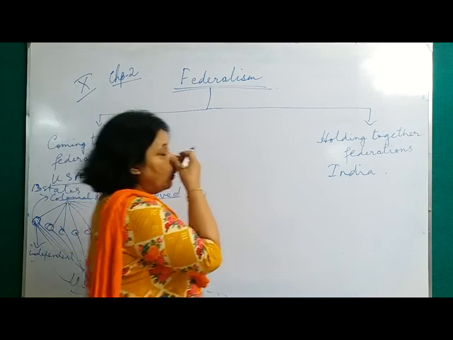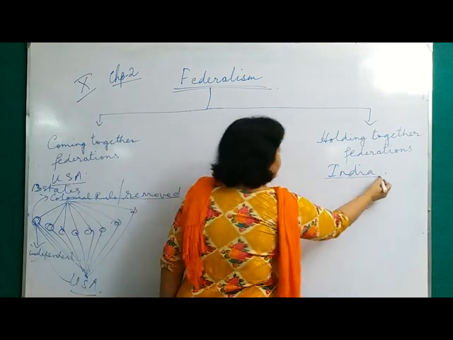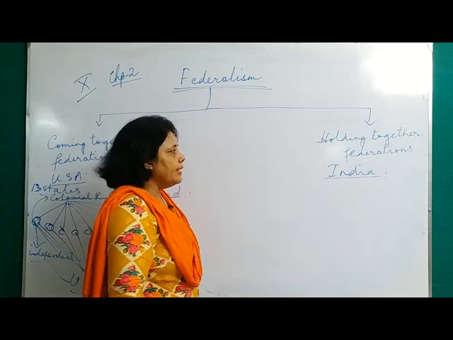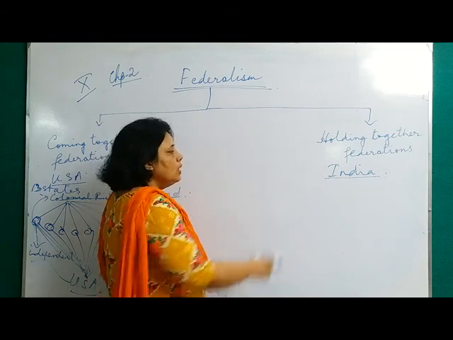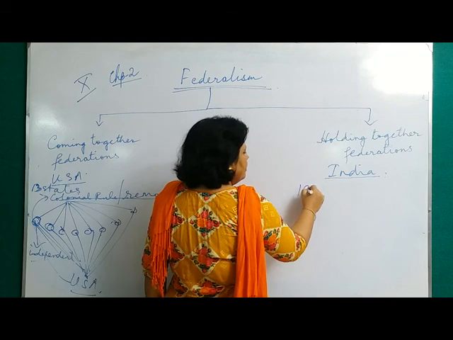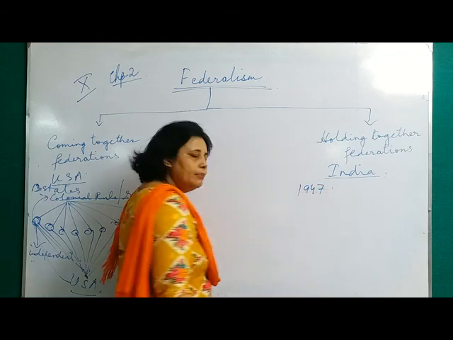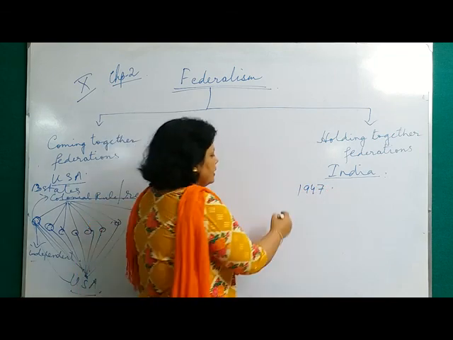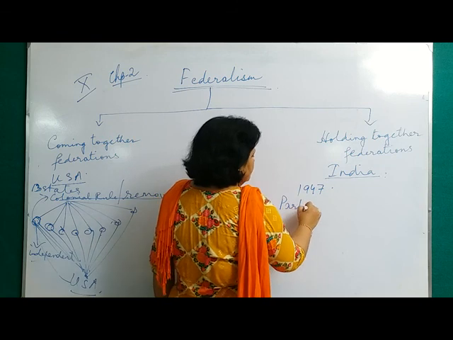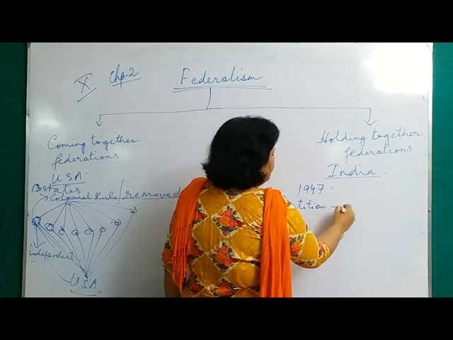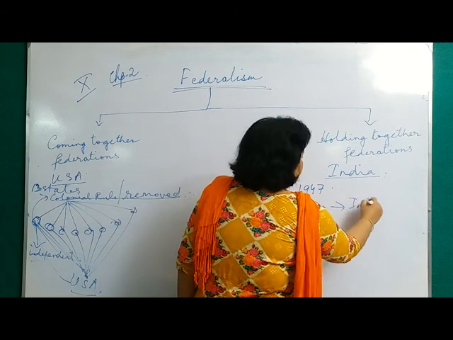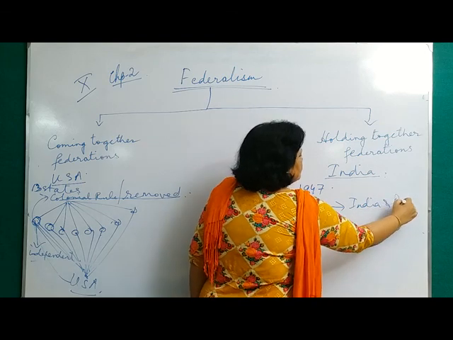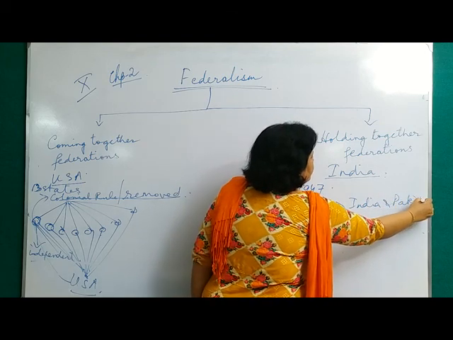Another one is holding together federation. Take the example of India. You know, during independence, by 1947, when India became independent, what had happened? India got divided, partition came up. That means India and Pakistan, separate states, were formed.